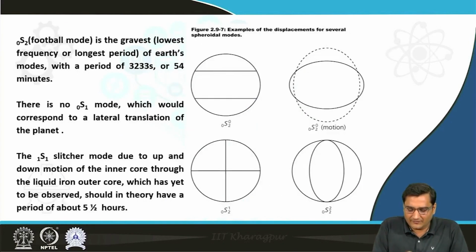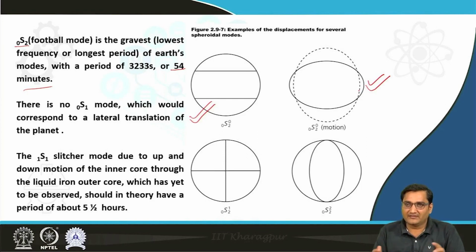Now let's look at some examples of the poloidal or spheroidal mode. 0S2, which is also known as the football mode. We have seen it a couple of times in the previous slides. So this is basically the gravest mode of the earth, which has a period of about 54 minutes, and it can be represented as something like this, and in the motion picture it can be something like this.